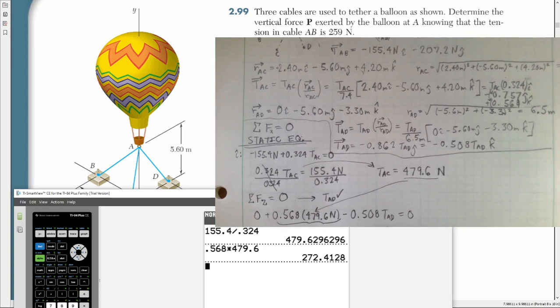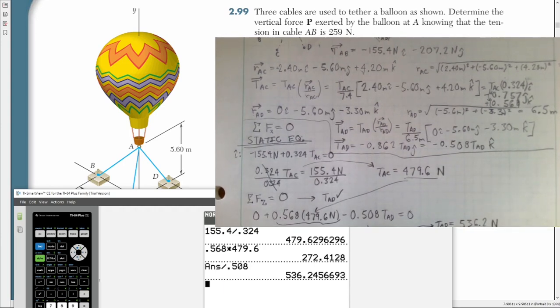We divide both sides by 0.508, that coefficient's gone. That tells us tension AD would be equal to this number divided by 0.508, which is approximately 536.2 newtons.